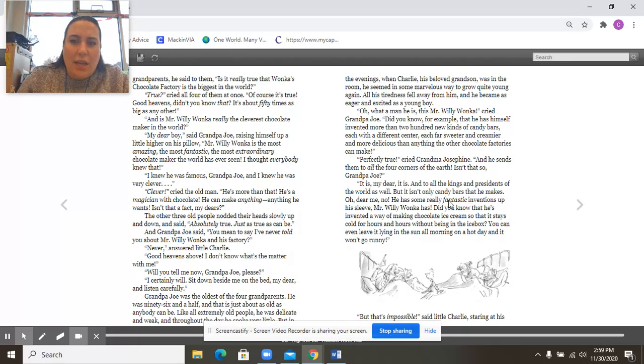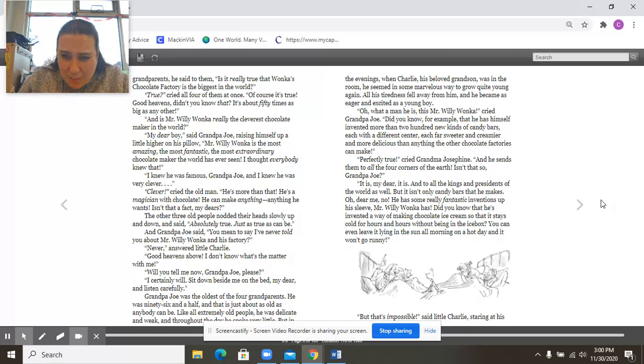"But it isn't only candy bars that he makes. Oh, dear me, no. He has some really fantastic inventions up his sleeve, Mr. Wonka has. Did you know that he's invented a way of making chocolate ice cream so that it stays cold for hours and hours without being in the icebox? You can leave it lying in the sun all morning on a hot day and it won't go runny."